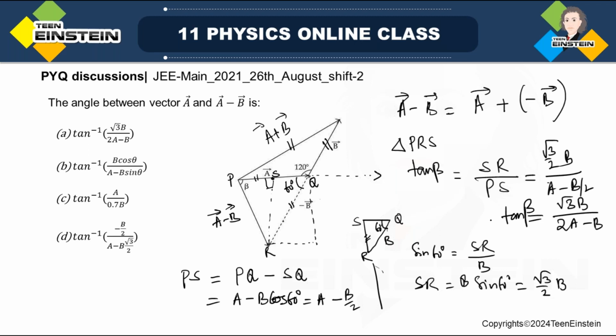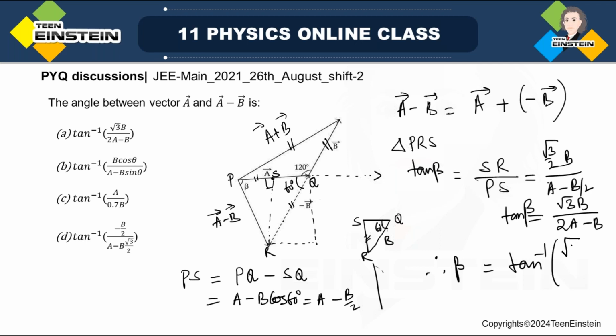So beta will be tan inverse of this quantity. So option A will be the correct answer for this question.